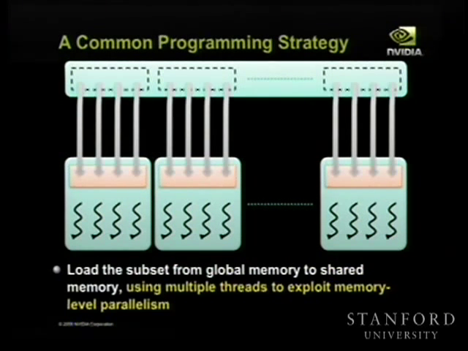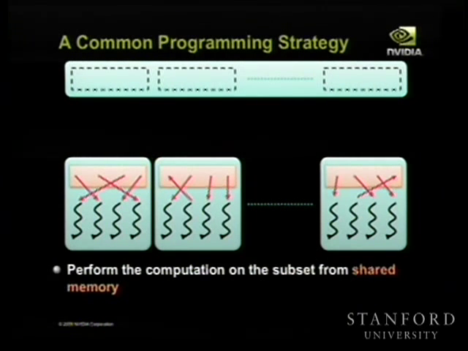And so in each of these subsets, I'm going to load this small partition of data into the shared memory using multiple threads, like we did in the adjacent difference example. We want to do this to exploit memory level parallelism. And then once that data is on the fast shared memory inside the block, we're going to perform whatever computations we need to do on the subset, to and fro that shared memory access space.